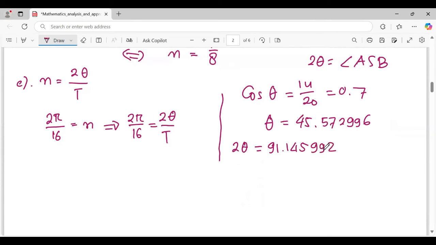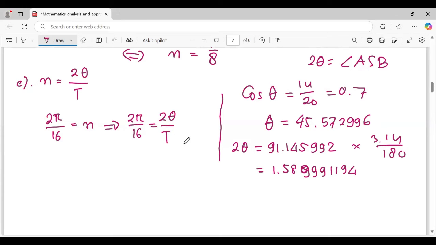I have to check on my calculator. If you convert into radians, times 3.14 over 180, it becomes 1.589991194 radians.